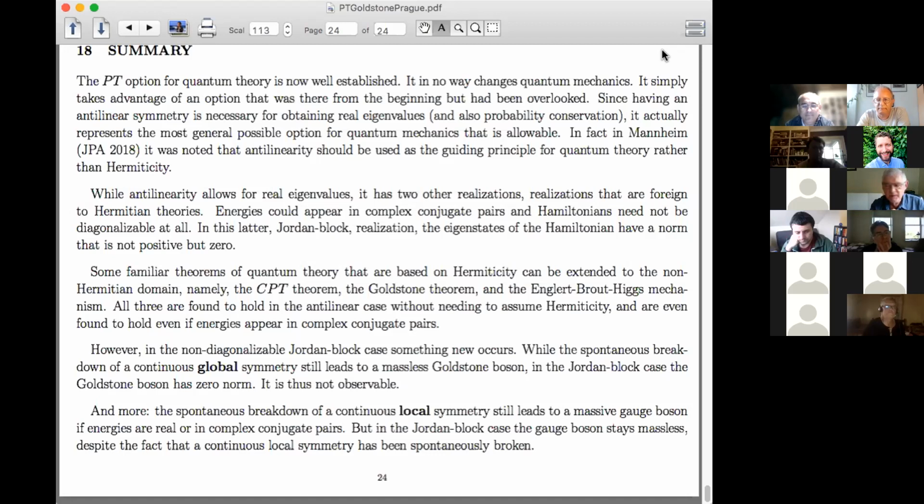But it is a very unusual outcome, independent of whether or not that zero norm state turns out to be observable. What would happen in the gauge theory case is you'd see a massless gauge boson with two components and some zero norm Goldstone boson, whatever it is. Even if it is observable, it will not be observed as the third component of the gauge boson. That's the point I'm trying to make.